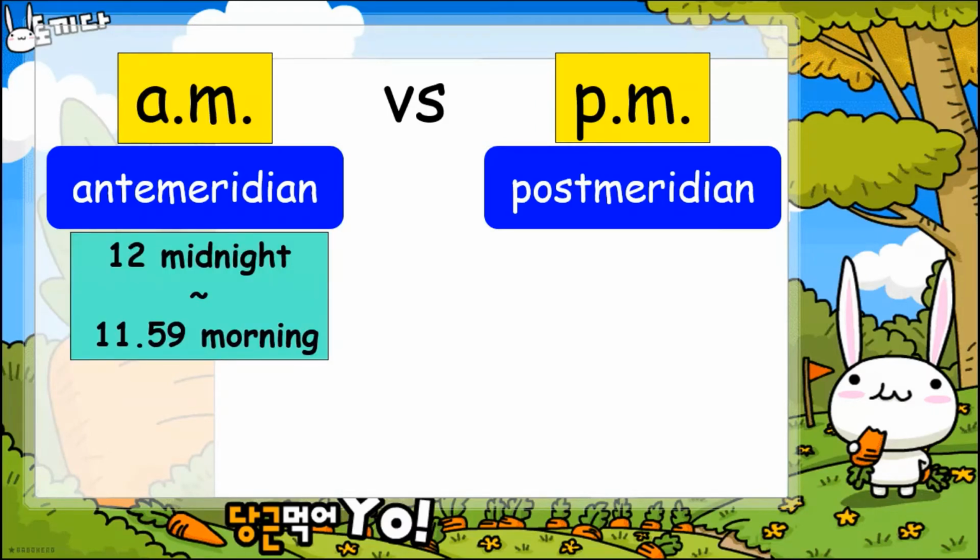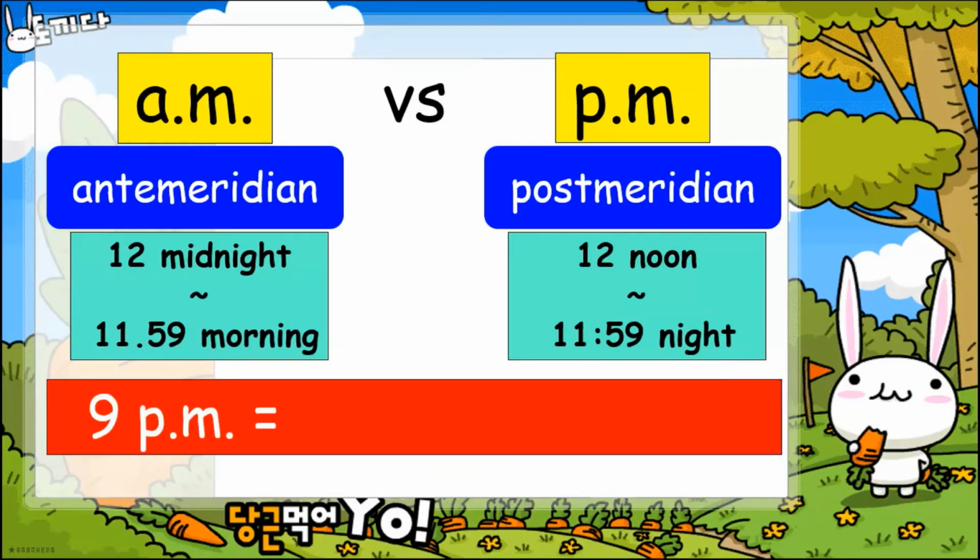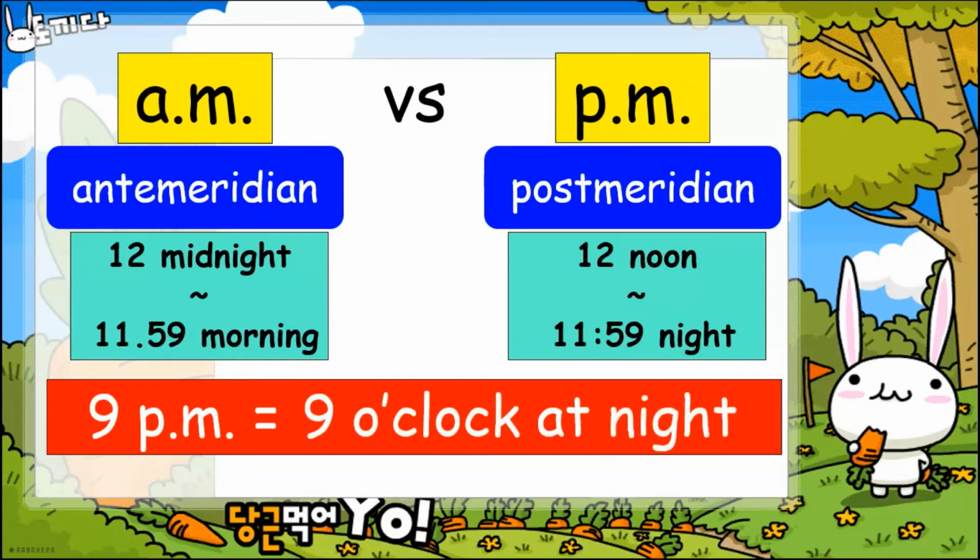AM refers to time between 12 at midnight and 11:59 in the morning. PM refers to time between 12 at noon and 11:59 at night. So if someone says, "I'll meet you at 9 p.m." that means 9 o'clock at night.